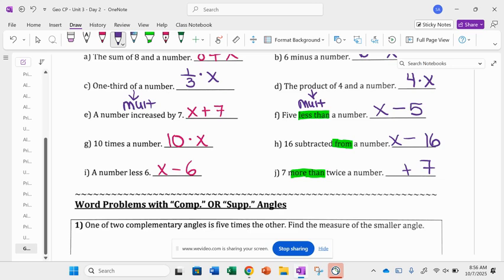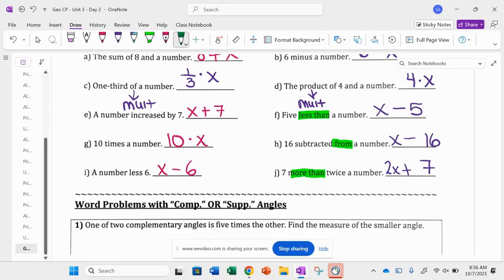And then it says twice the number. How do you think I'm going to represent that twice the number? Stella? 2x goes before. You got it. Bella's question was great.